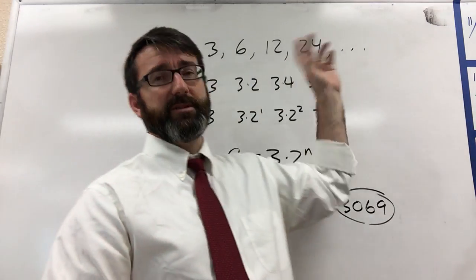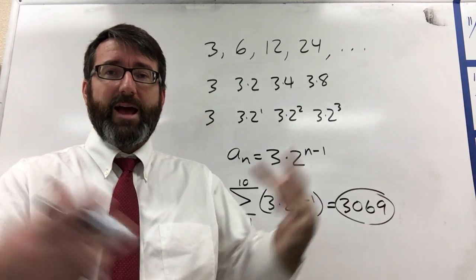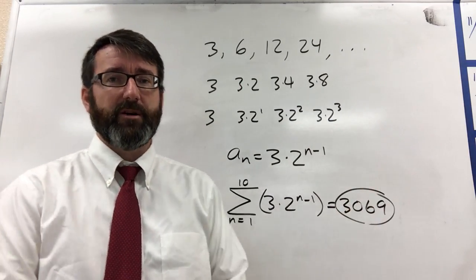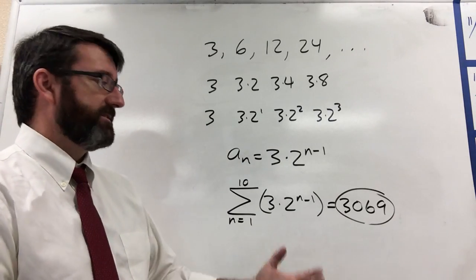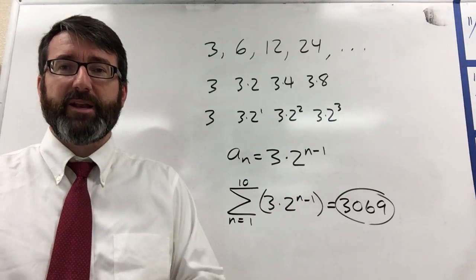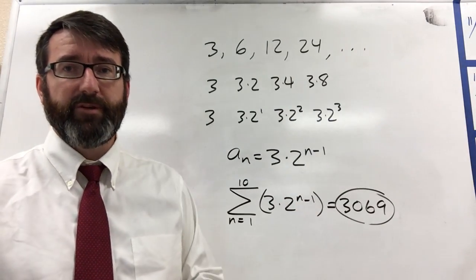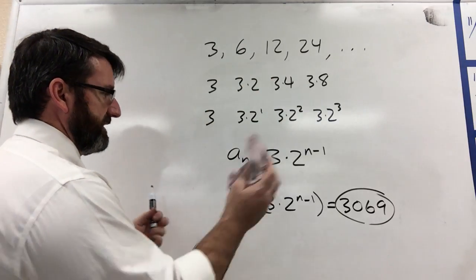Because our numbers are getting bigger and bigger. We're going to go off to infinity. We're going to add these bigger and bigger terms, and it's not going to stop at any specific number. It's just going to go to infinity. So we can't do that with a sequence like this.